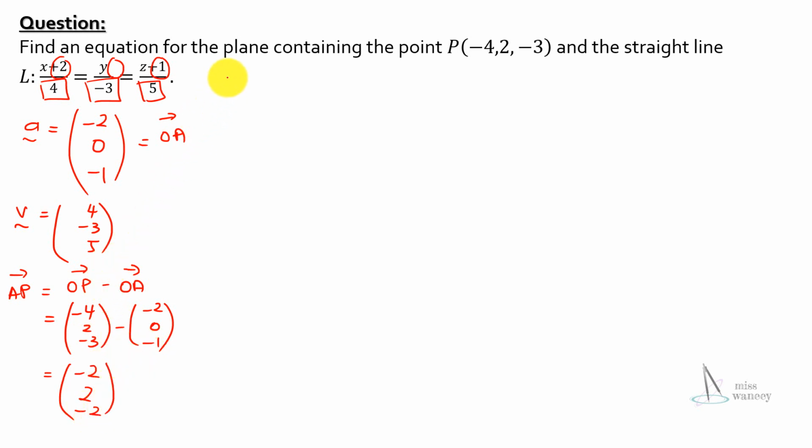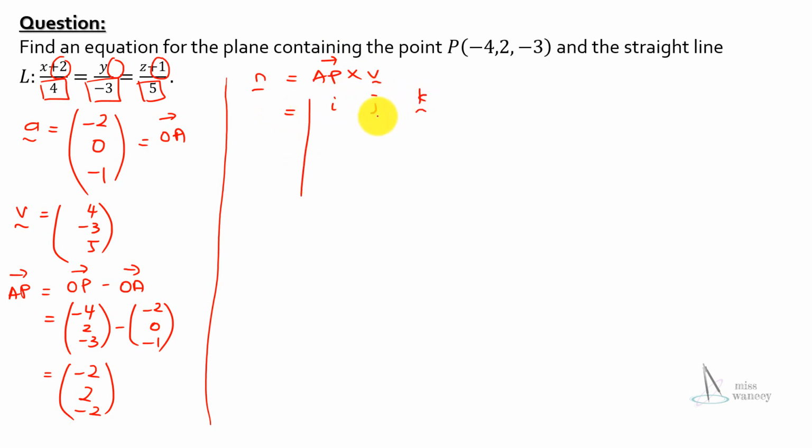So once you have AP, then it's time for us to calculate the normal vector. So normal vector is AP cross V. So do the i, j and k. So AP is (-2, 2, -2). V is (4, -3, 5).